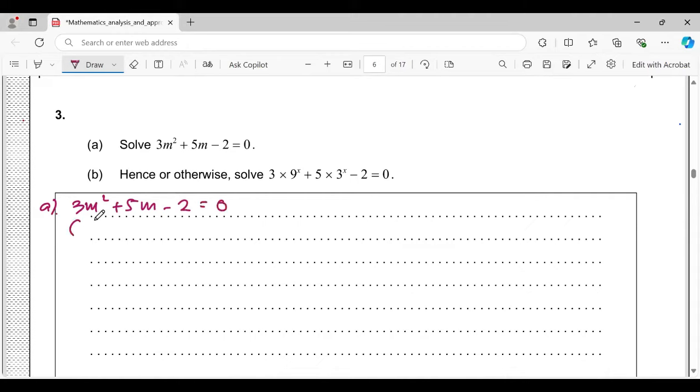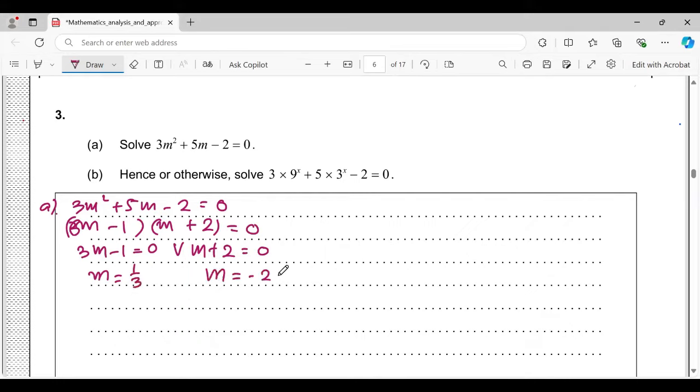If we factorize, it will be m or 3m here. 3m times m, minus 2 and 5 will be minus 1 plus 2. So 3m minus 1 equals 0, or m plus 2 equals 0. So m equals 1 over 3, or m equals minus 2.